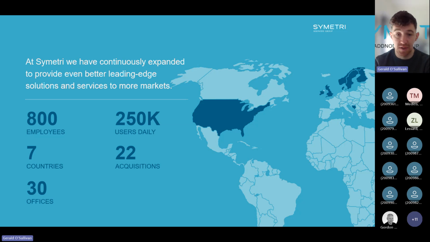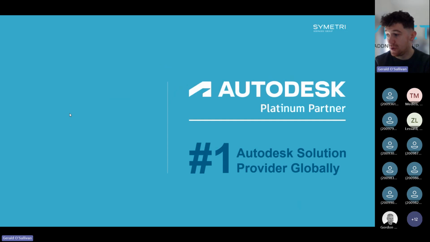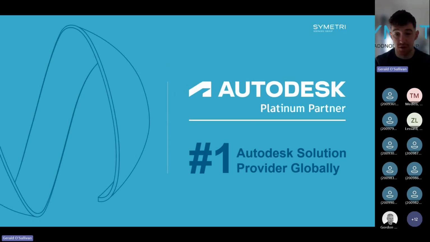We currently have 22 acquisitions, which is now 23 actually, because we have expanded into the US even further. Symmetry are the number one Autodesk reseller globally.